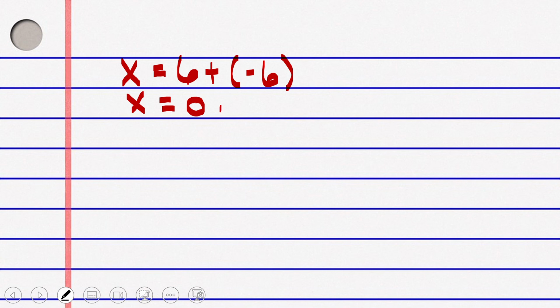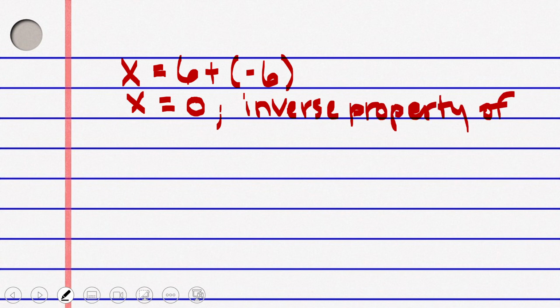Okay, using the properties of addition, if we're given x equals 6 plus a negative 6, then we would say x equals 0, and we would say it's the inverse property of addition. Yes, write everything out.